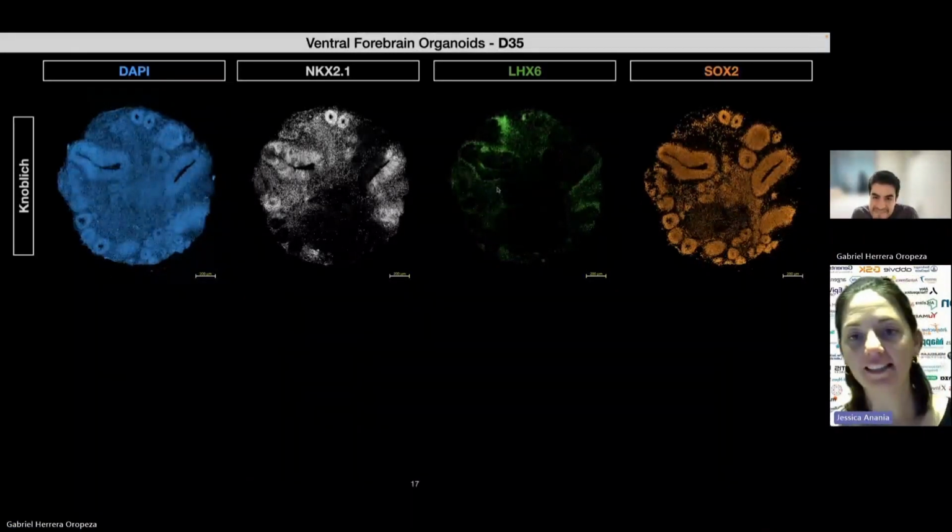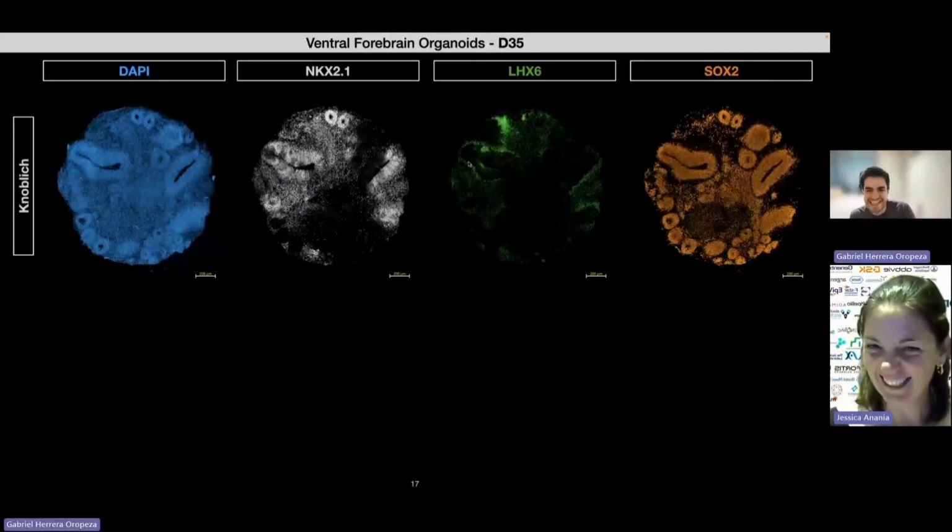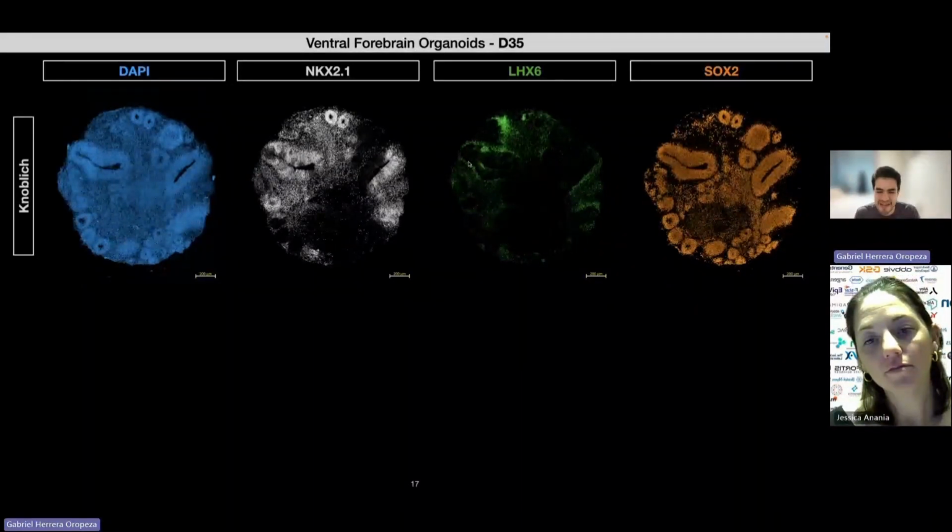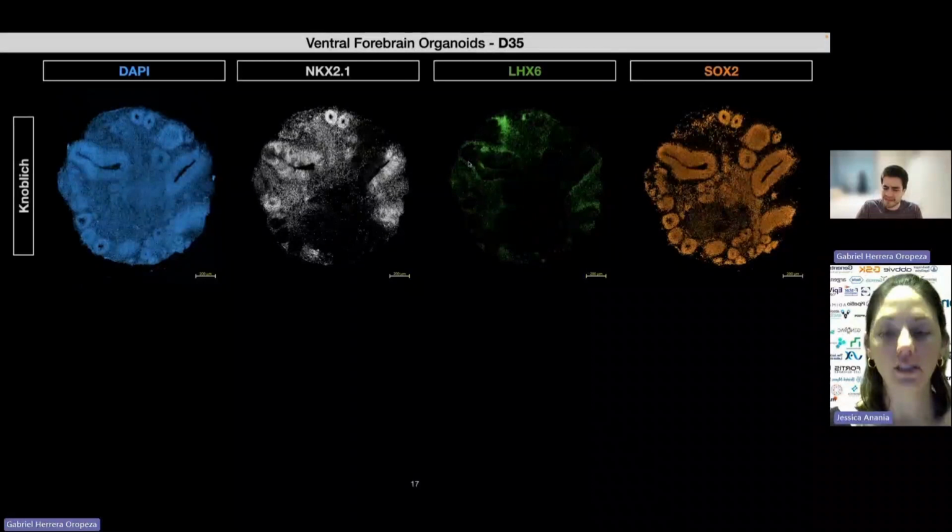Oh yeah, you're going to go to LHX6 then? Yes, LHX6 is the marker that we're more interested in because it is a marker of postmitotic interneurons. After progenitors commit to becoming a neuron, they stop going through the cell cycle again, so they don't replicate anymore.